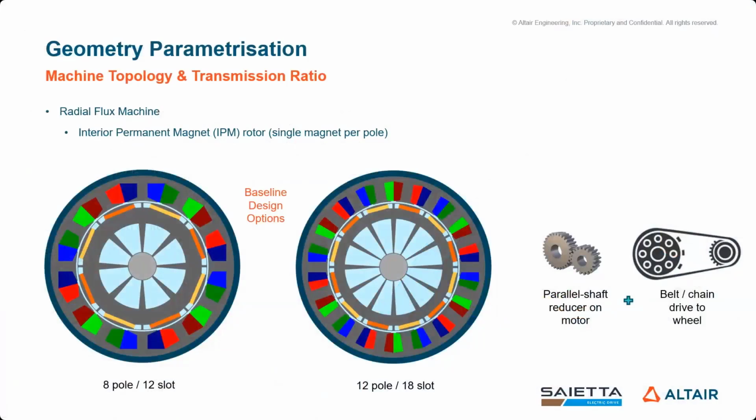So here we have two geometries considered, one with 8 poles, 12 slots, and the other one with 12 poles, 18 slots. And on top of it, we are also considering different gear ratios. So 2 gear ratios, in fact, are considered in the study. So you see, you have multiple configurations that are considered in the optimization process.